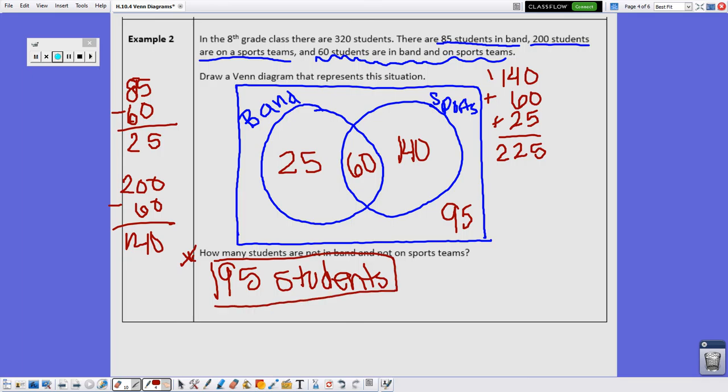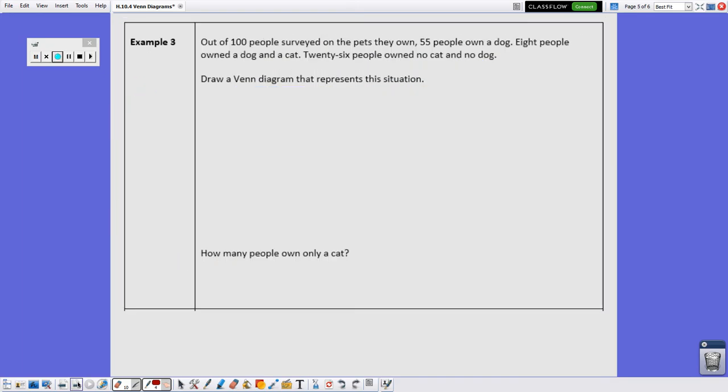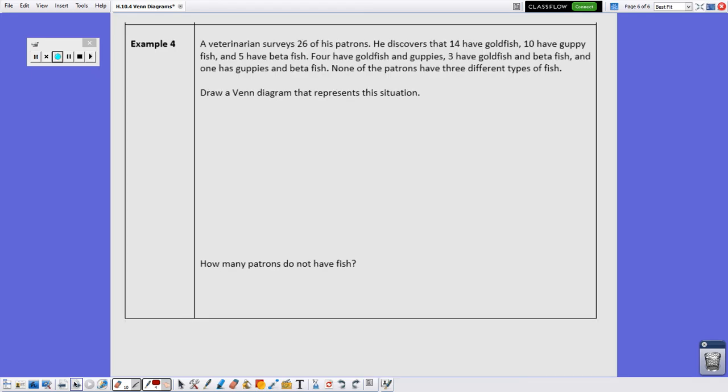All right, we are doing a fantastic job with 2 circles in our Venn diagram. Let's skip example 3, and we're going to go ahead and work with multiple circles. This one can be a little tough, so make sure you're paying attention. We have a veterinarian who surveys 26 patrons, so that means the total in our Venn diagram has to be 26.